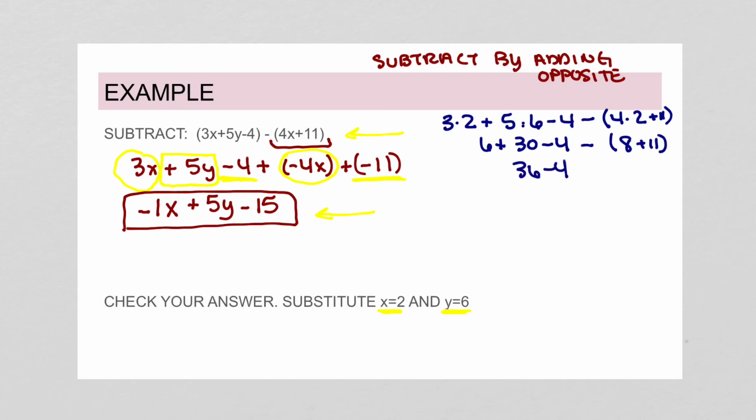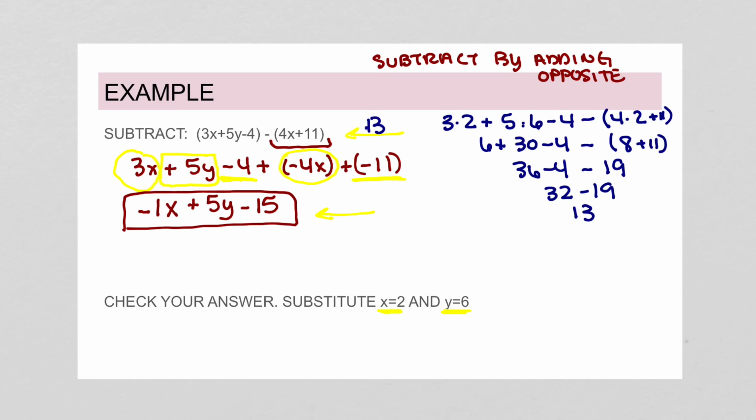And over here I'm going to have minus, what is 8 plus 11? 19. Okay. 36 minus 4 is 32, minus 19. 32 minus 19 is 13. Okay. So we got that this is 13 when we plug that in.